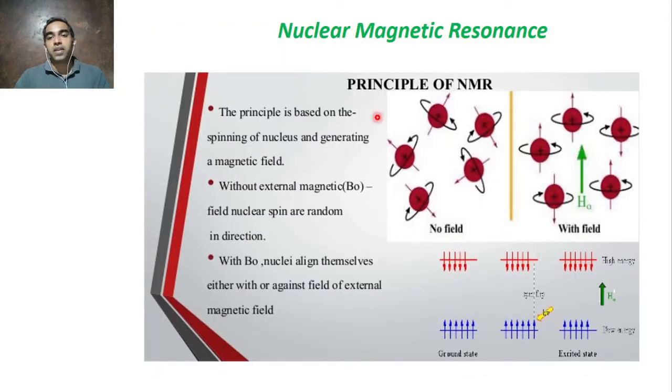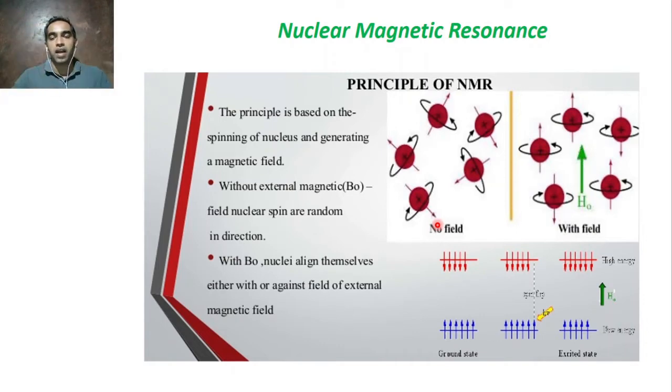In the absence of an external magnetic field, the nuclei rest as per their direction, it may be earth's gravitation, whatever. All the nuclei rest as per stability. Now when you apply an external magnetic field, most of them will align with the magnetic field. Some of them go opposite to the magnetic field.